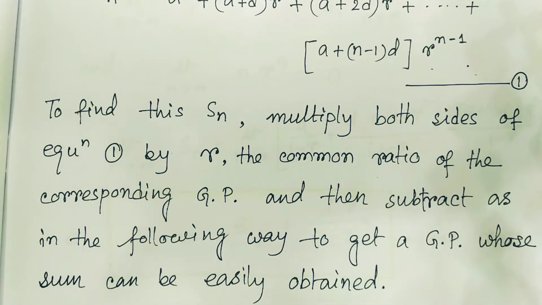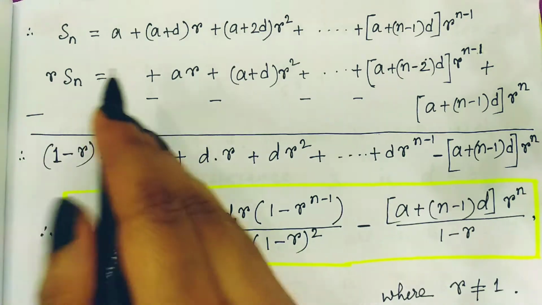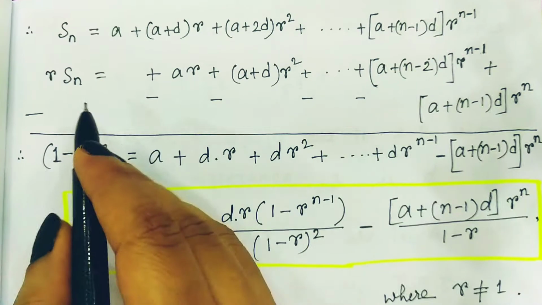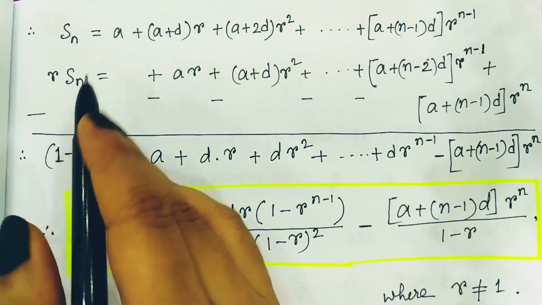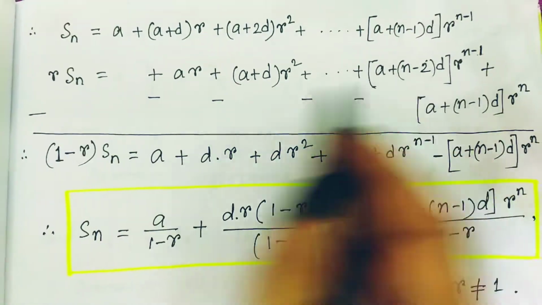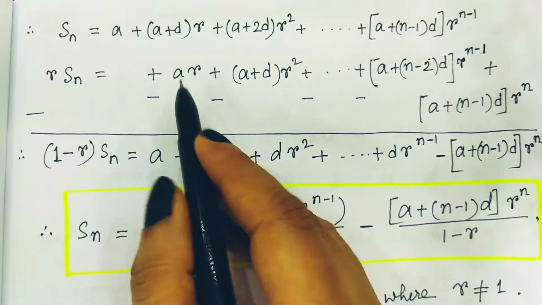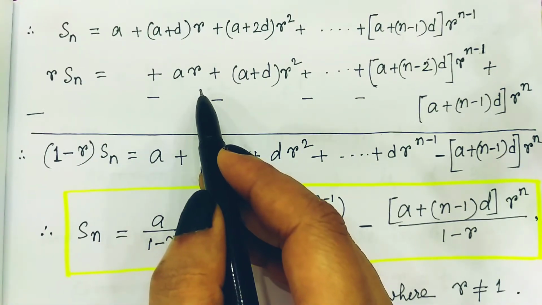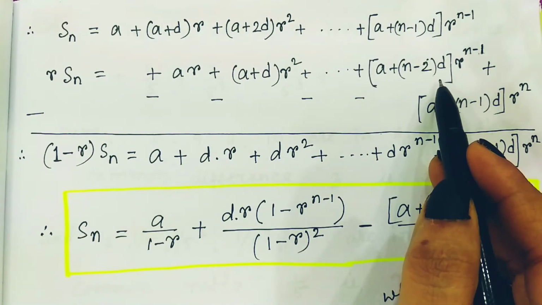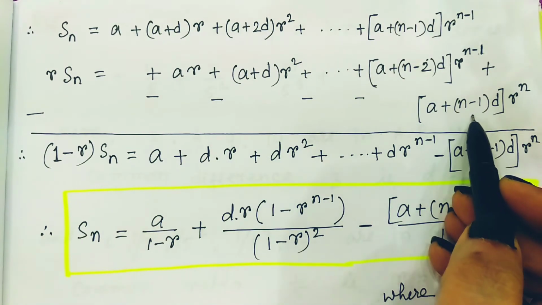So how will we do it? Sn is equal to this. We multiply R with this Sn, and after multiplying R on both sides, we write the terms shifted by one. So R Sn equals AR plus A plus D into R square, and in this way up to the previous term of the nth term and the nth term.